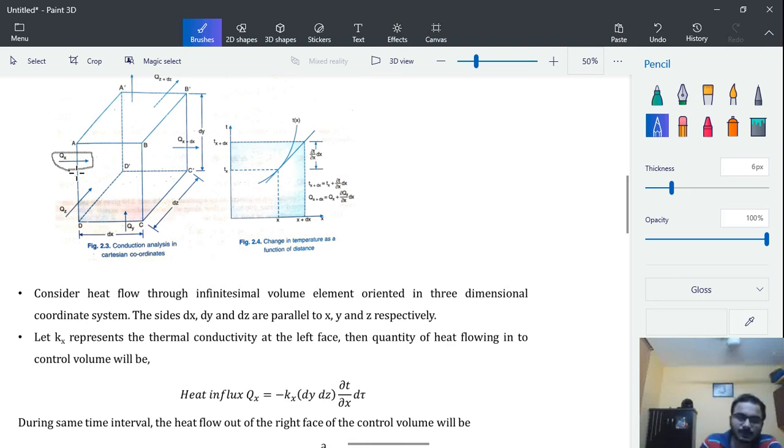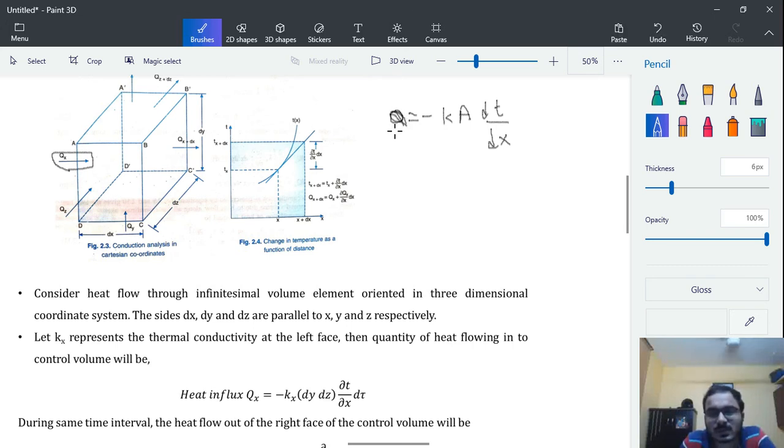If you recall Fourier's equation, q is equal to minus ka dT by dx. And if you remember, q is the rate of change of heat.